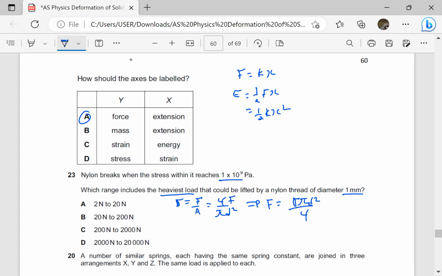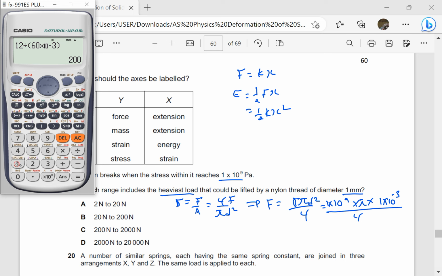So I can find F by simply substituting the values here. So this is 1 times 10^9 times pi times diameter, which is 1 times 10^-3, divided by 4.